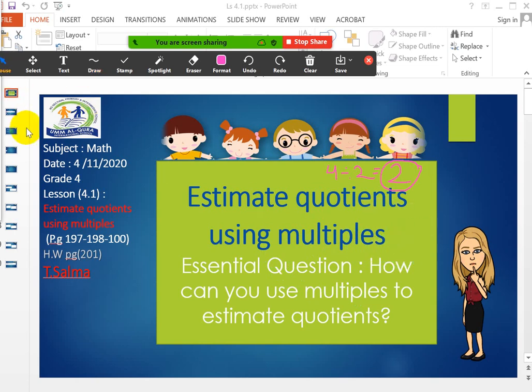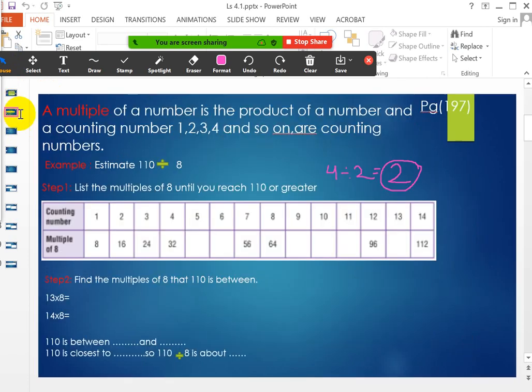Let's start with the lesson. So what is a multiple? A multiple of a number is the product of a number and a counting number. 1, 2, 3, 4, and so on are counting numbers. So a multiple of any number is the product of the number.